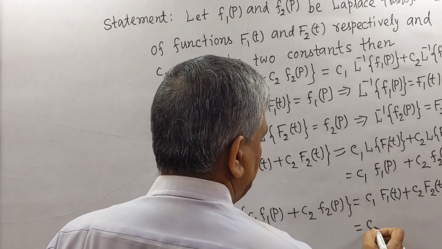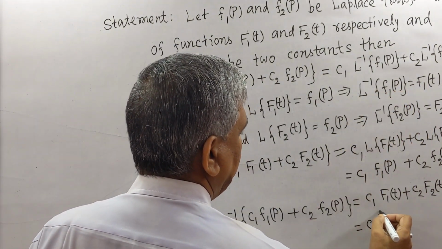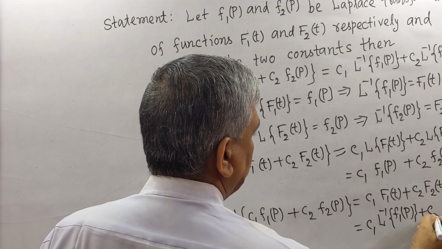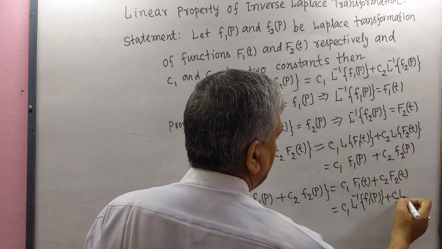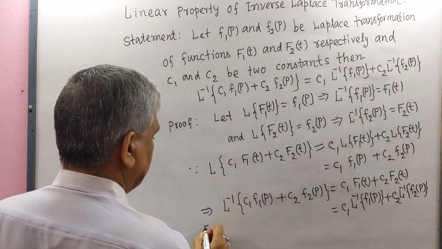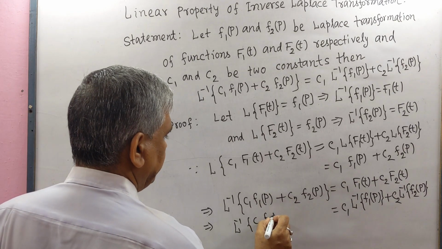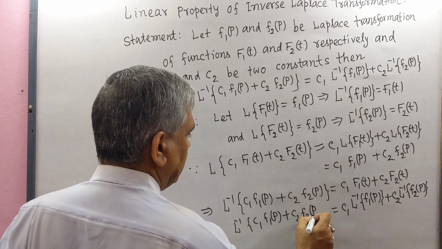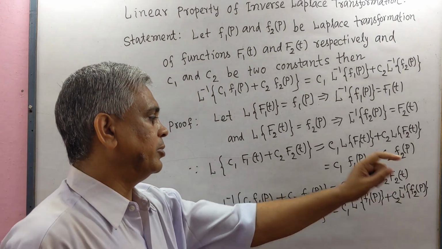We may write on the right side C1 F1(t) is C1 L inverse f1(p), plus C2 F2(t) equal to C2 L inverse f2(p), that is L inverse {C1 f1(p) + C2 f2(p)} = C1 L inverse f1(p) + C2 L inverse f2(p).